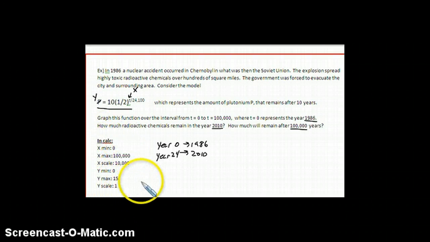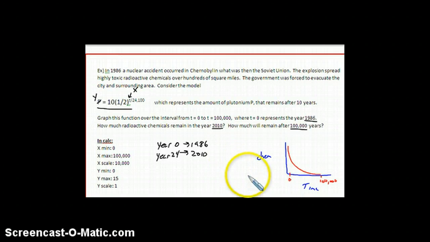So again, pause the video and set up your calculator first and input this into your calculator. Okay, so now that you've actually looked at the graph, you're going to see that this is what your calculator should be showing you if you set up your window correctly.